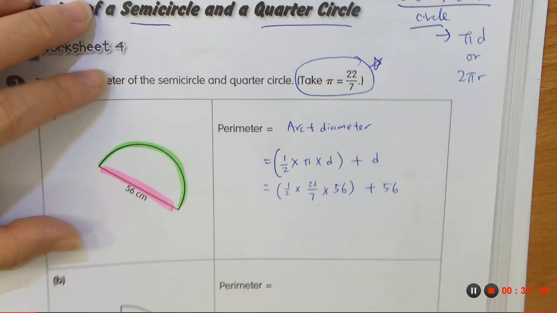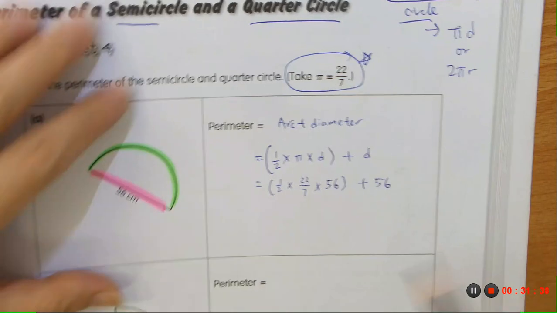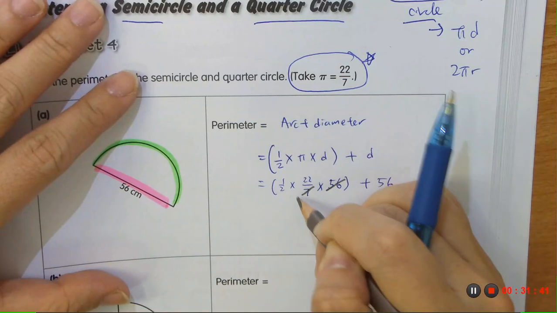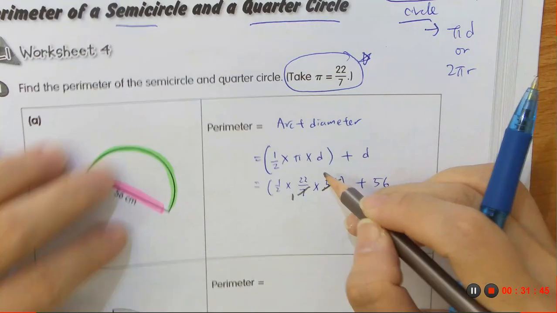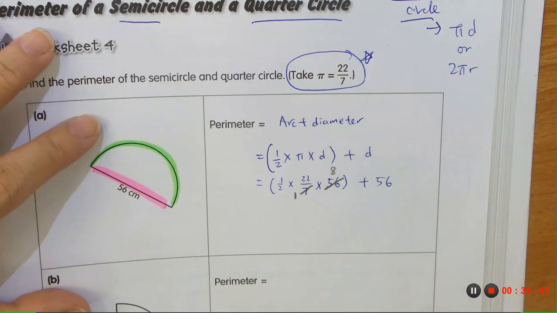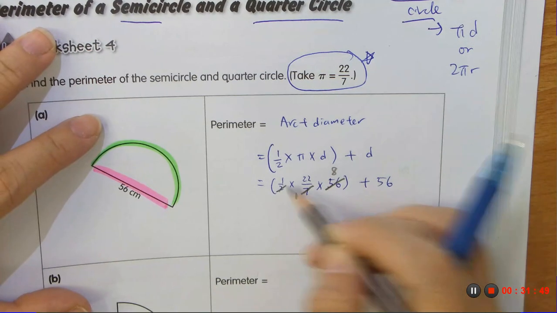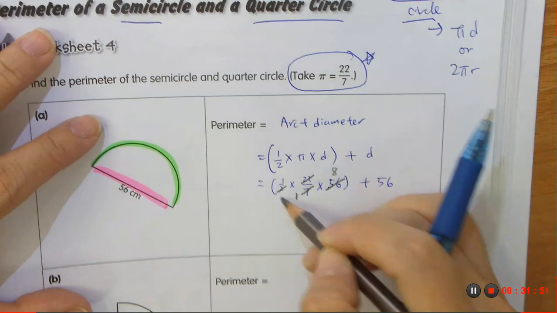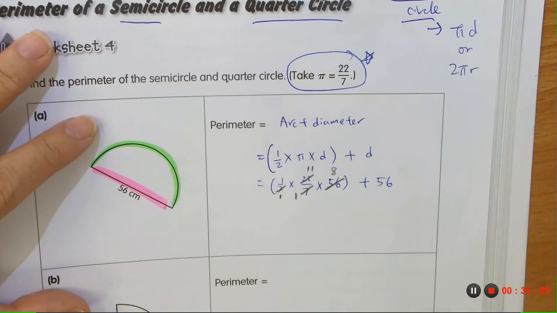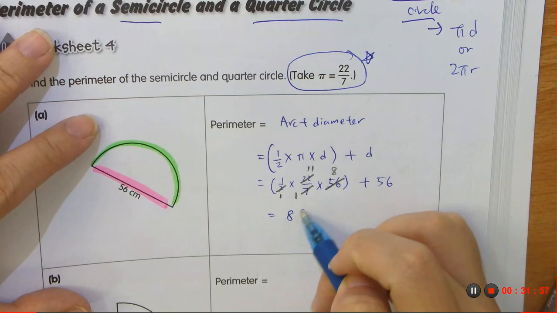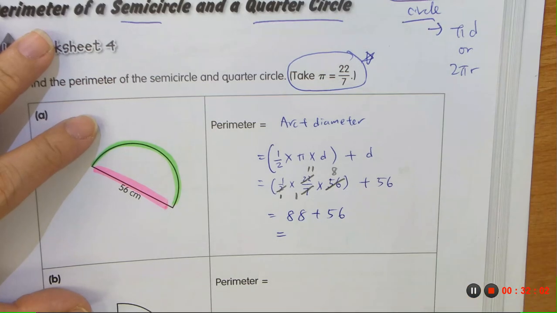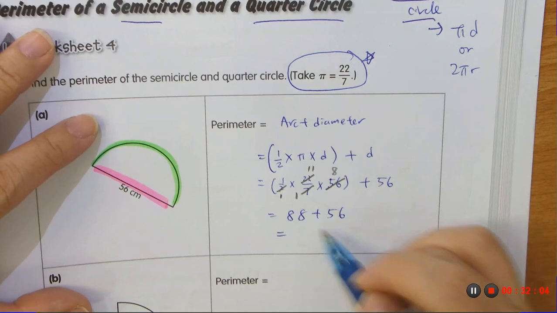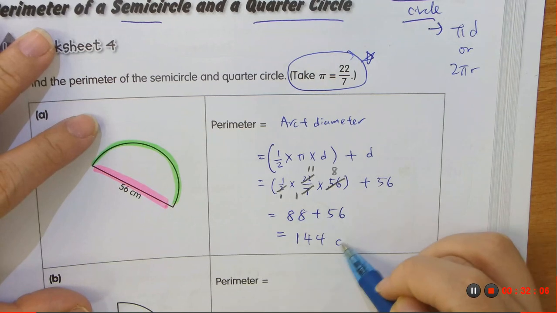Do my simplifying. 56 I can simplify by 7. What do I get? 8. 2 I can simplify with 22. 11. 11 times 8, 88. 88 plus 56, 144 centimeters.